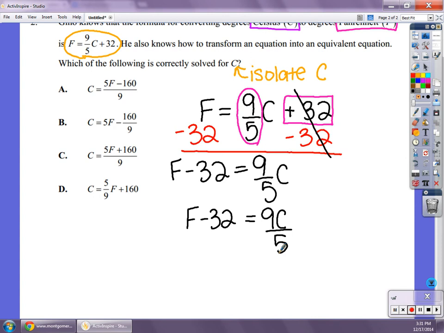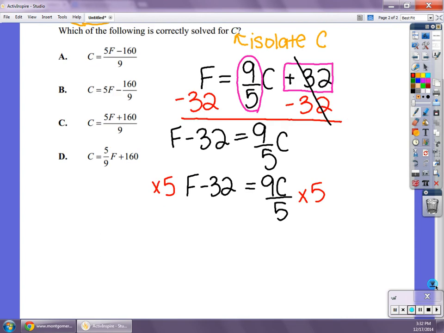In order to get rid of that denominator of 5, we're going to need to multiply both sides. The opposite of division is multiplication. So we are going to use our multiplication property of equality and multiply both sides of this equation times 5. We have to be very careful here on the left side. We want to multiply that entire side of our equation by 5.